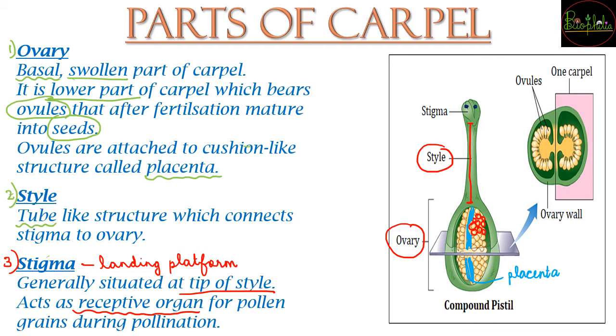Different pollen grains will come and all settle onto the stigma. Any insects that come, for example a honey bee, will sit on this stigma and deposit the pollen grains. So these were the three parts of the carpel.